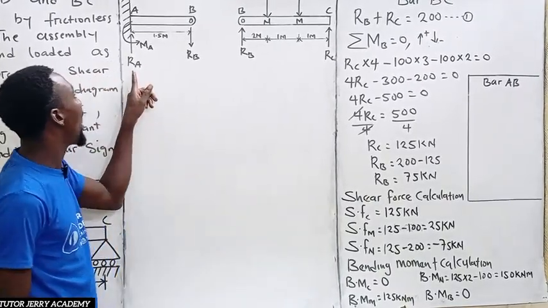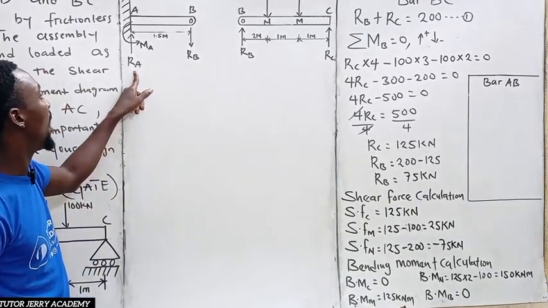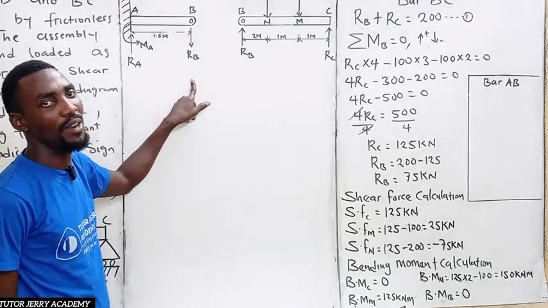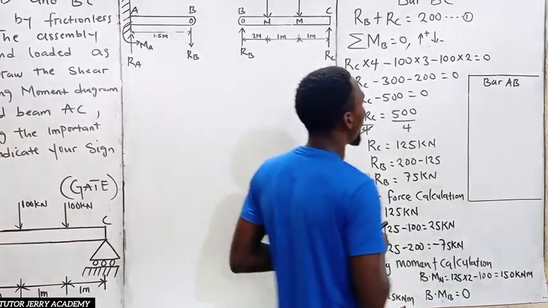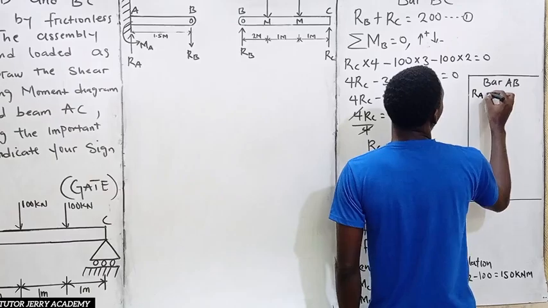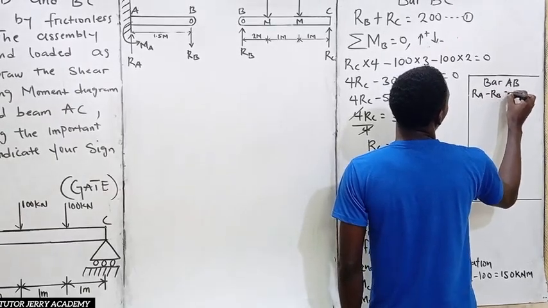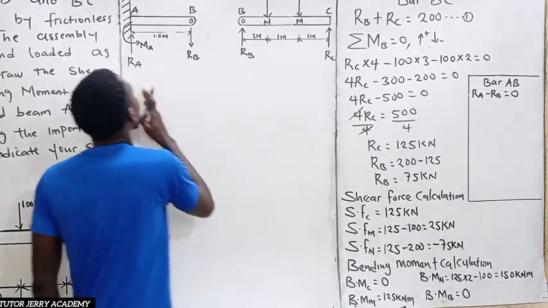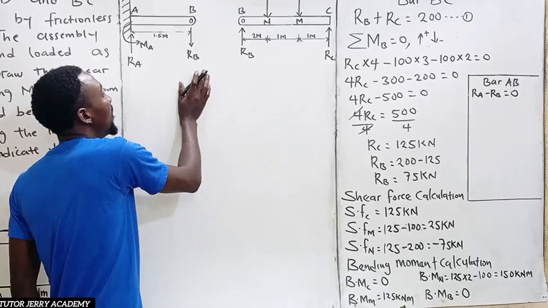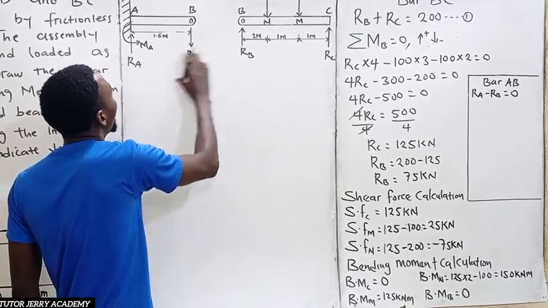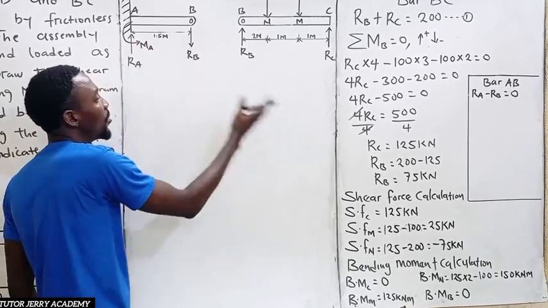Now, we have RA here as an upward force, and we have RB here as a downward force. So here it means we are going to have RA minus RB equal to what? 0. Now, because we said upward force will be positive, and downward force will be negative, we sum this together.